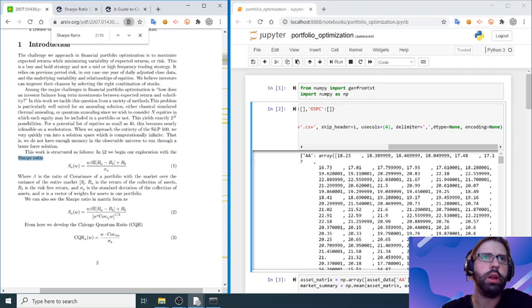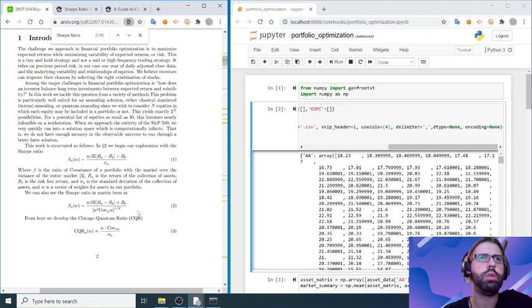That is a bit confusing, and why you're adding the risk-free return again. And the denominator is the standard deviation of the collection of assets. In matrix form it's this. From here we develop the Sharpe ratio.